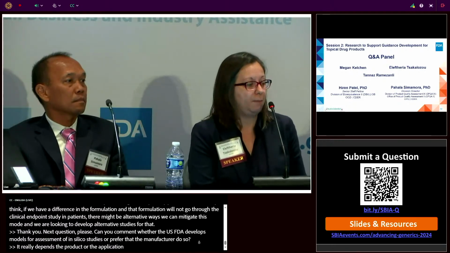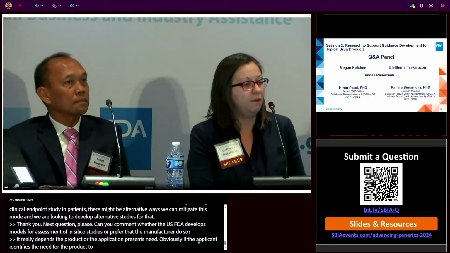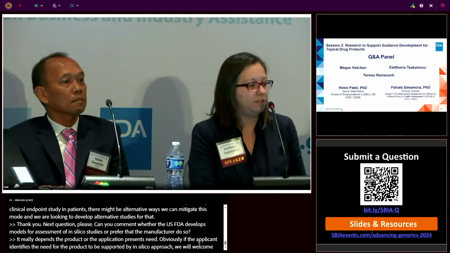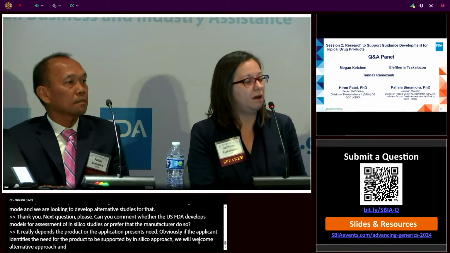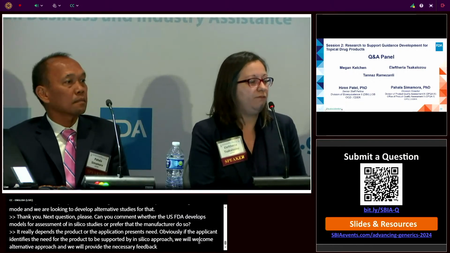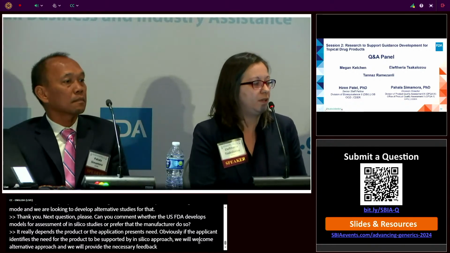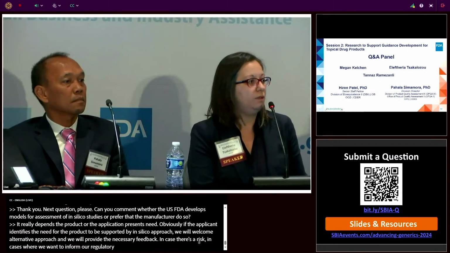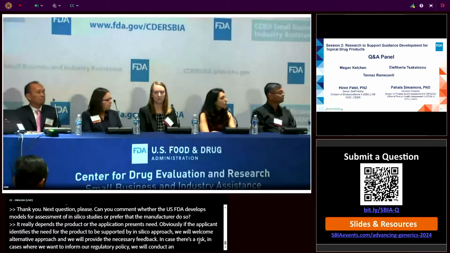If an applicant identifies the need for their product to be supported by an in silico approach, we welcome this. We will call it an alternative approach, and we will provide the necessary feedback. In cases where we feel there is a risk with the product, or where we want to inform our regulatory policies, such as the guidances, we would conduct modeling and simulation internally. So both.